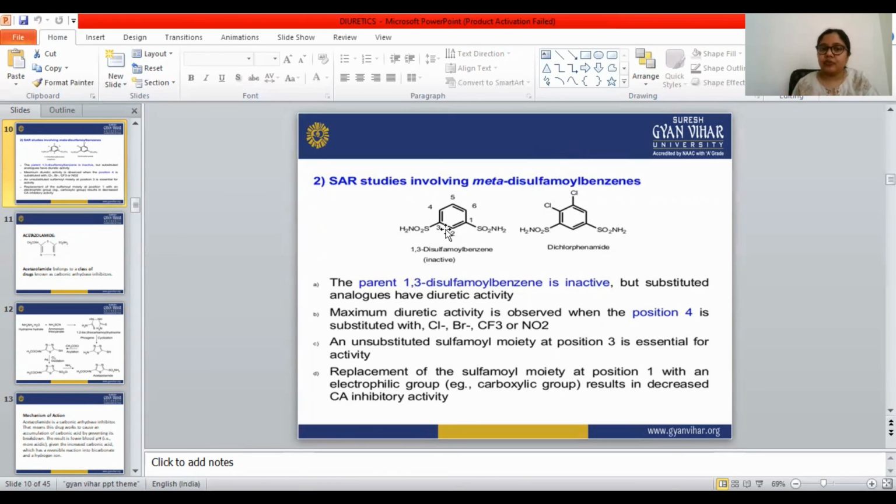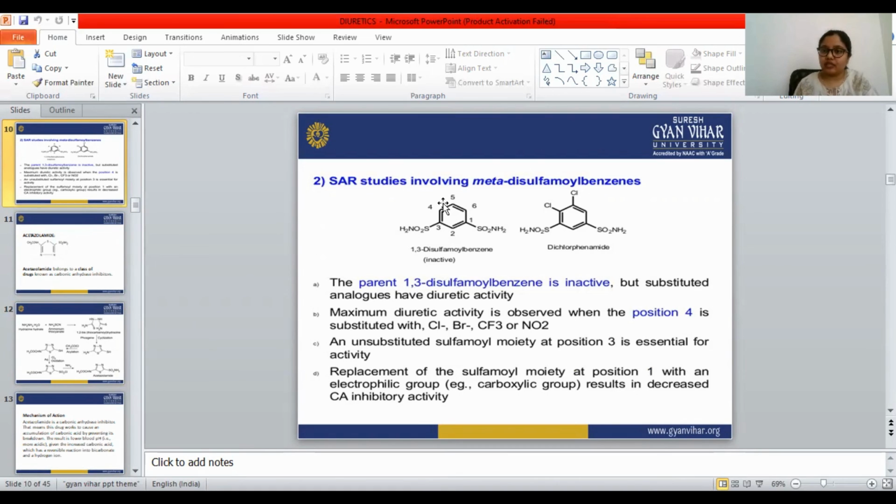And if we introduce any chloride or bromide group at the 4th position, that maximizes the diuretic activity. Diuretic activity is increased when we introduce a chloride atom or bromide atom.